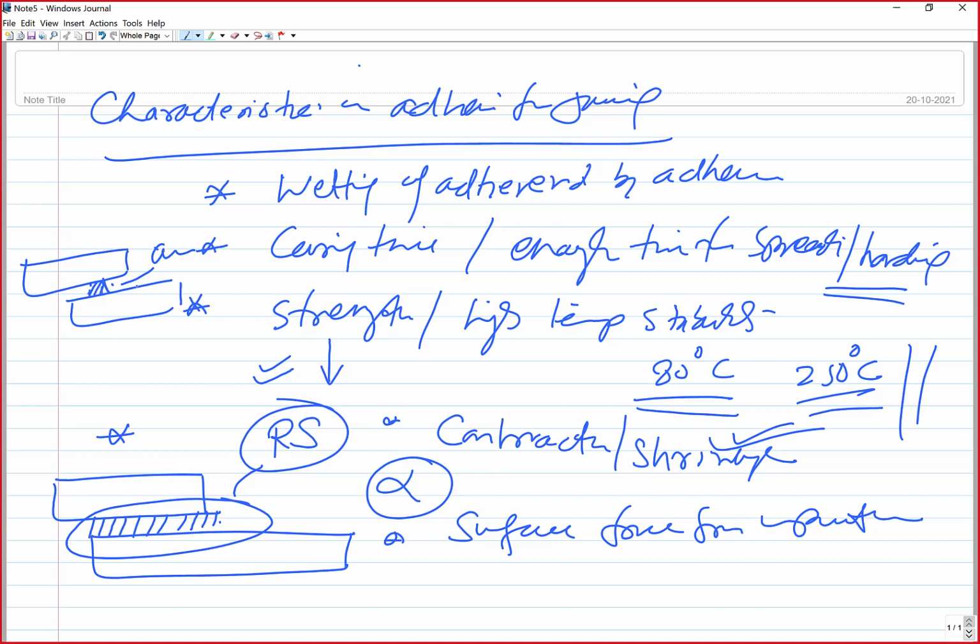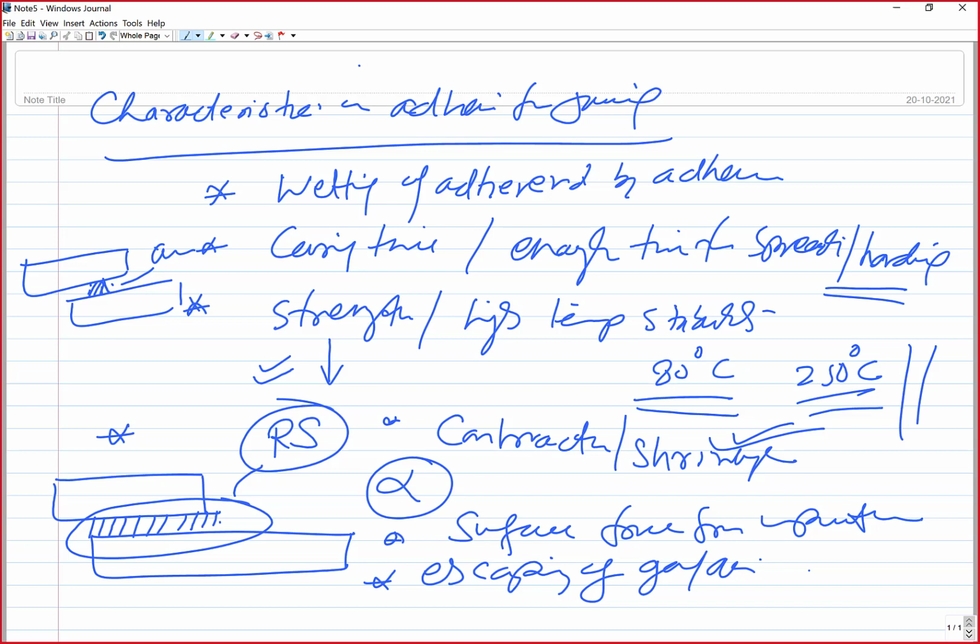So there should be enough opportunity for the escape of air and gases present at the interface, so that a sound adhesive joint is developed. Otherwise a lot of unbonded regions will be left. So enough scope for escaping of the gases or air is needed, so that entrapment at the interface is minimized. Okay.